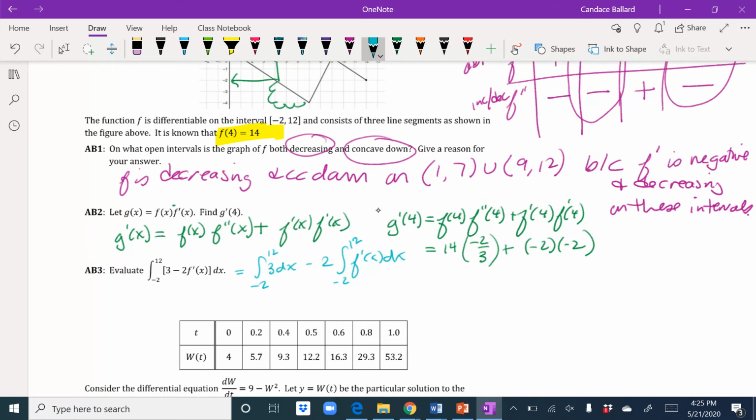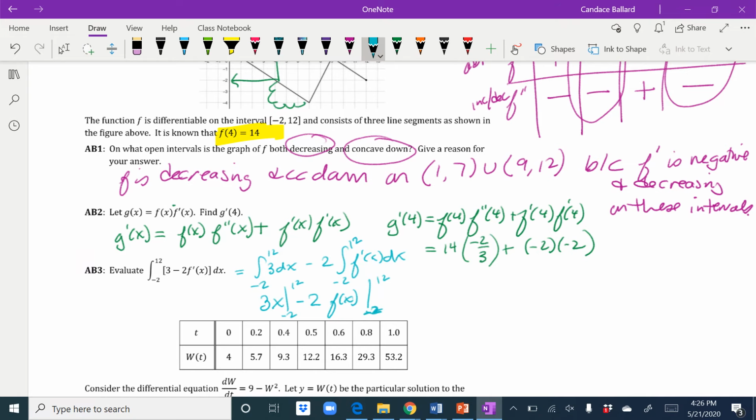All right, what do I get when I integrate 3? 3x. 3x, good. And when I integrate, I'm going to keep the 2. When I integrate f prime, what do I get? Just f of x. F of x, good. And we're going to go from -2 to 12. It doesn't matter how you do that. I guess I really didn't need to separate it, but I chose to.